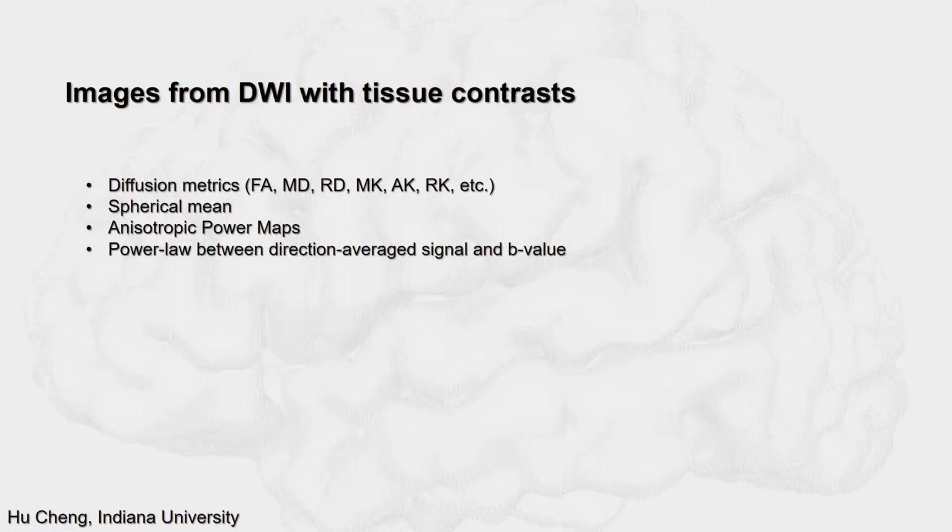I will go through 4 of them: the diffusion metrics from DTI or DKI, spherical mean, an anisotropic power map, and a power law between direction-averaged signals and b-value.